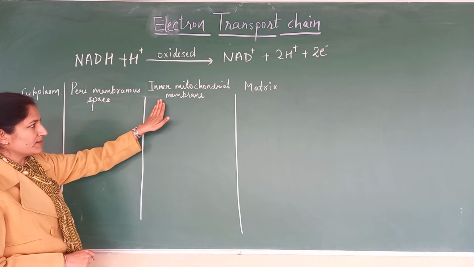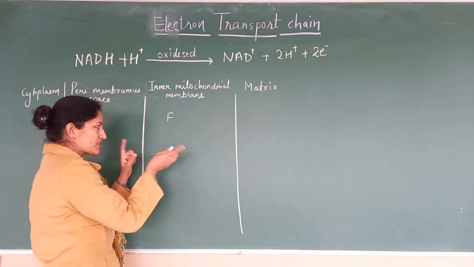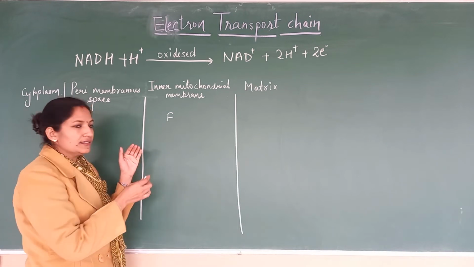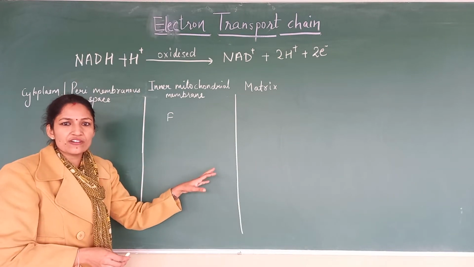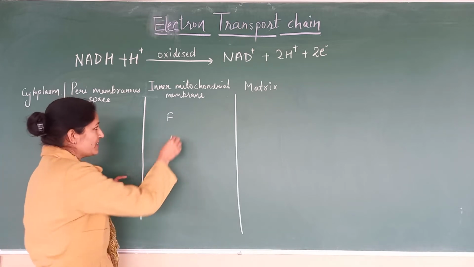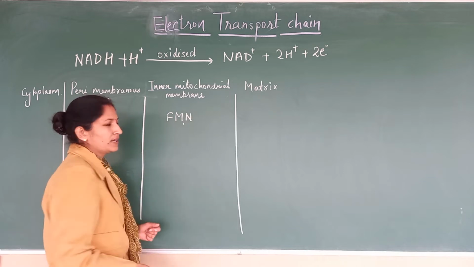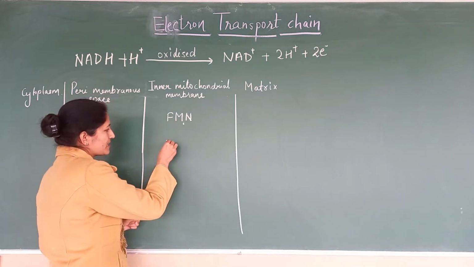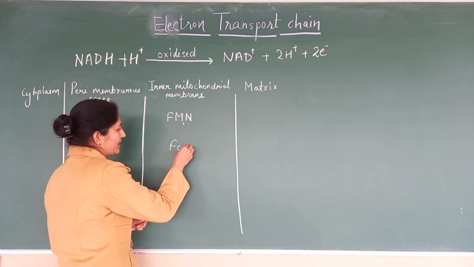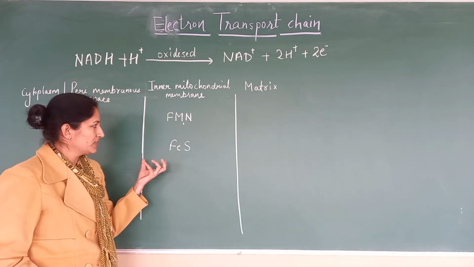So this is the inner mitochondrial membrane. Just recall the presence of these electron transporters in the inner mitochondrial membrane. The very first is FMN, which is associated with iron sulfur protein structure.